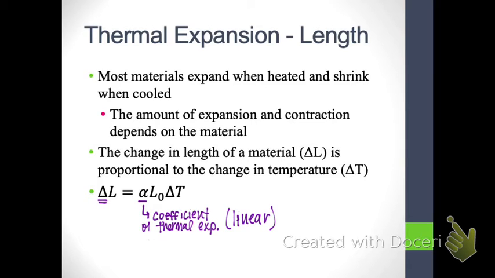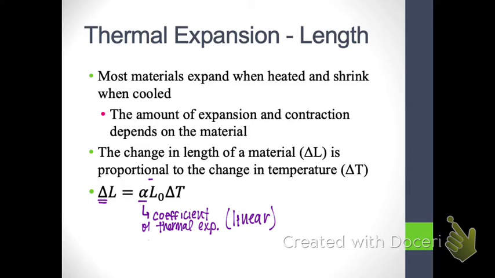When we start looking at volumetric expansion, you're going to see it use that β, or beta. So alpha is for linear expansion, and beta is for volumetric expansion.